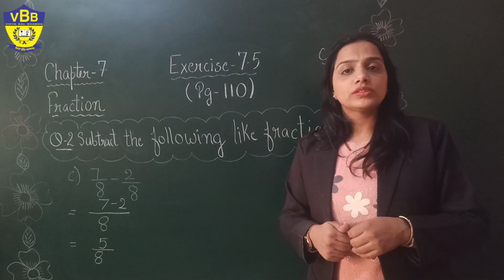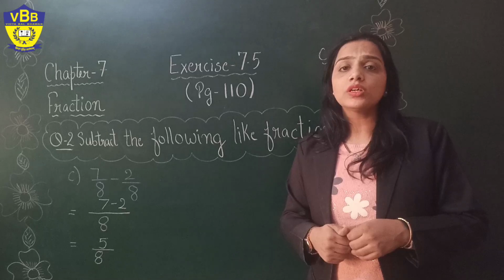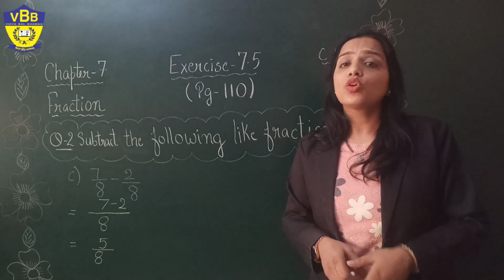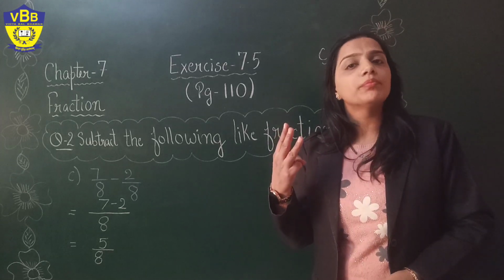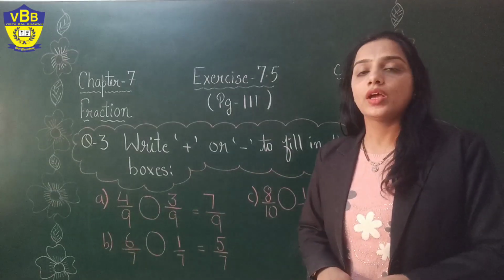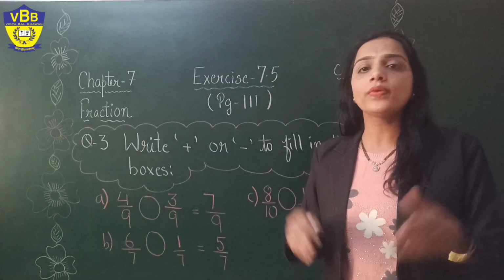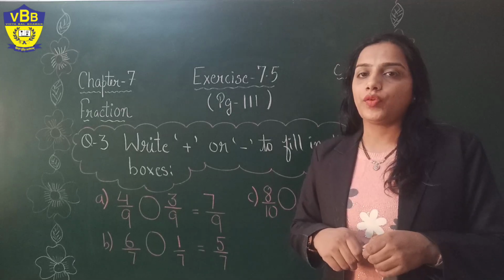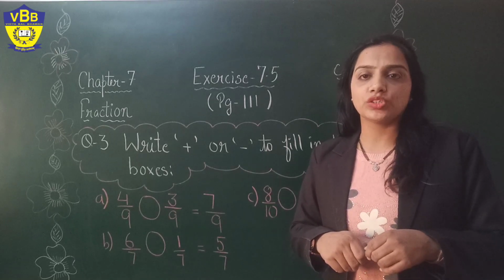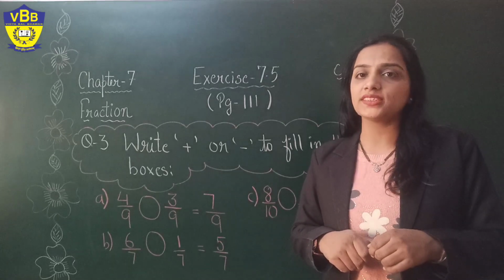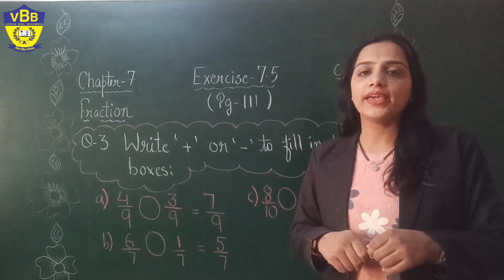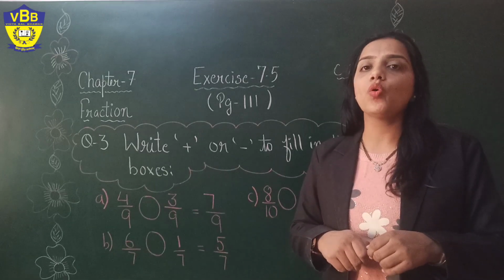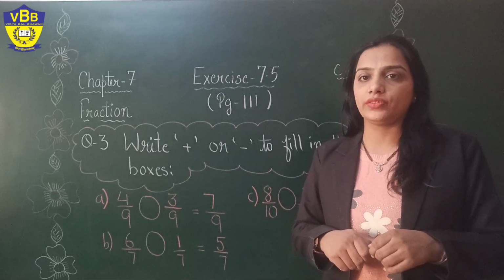And now take out your maths book because we have to solve question number 3 in the book only. So student, I hope everyone opened their maths book. Right. And this question number 3 of exercise 7.5 is on page number 111.